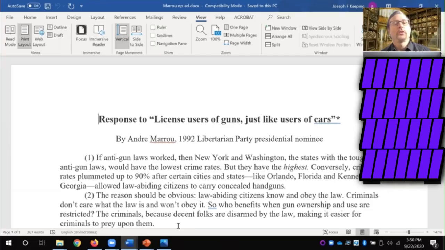And the title says responsible licensed users of guns just like users of cars, so he's probably going to be arguing that we shouldn't require licenses for users of guns, and so on.